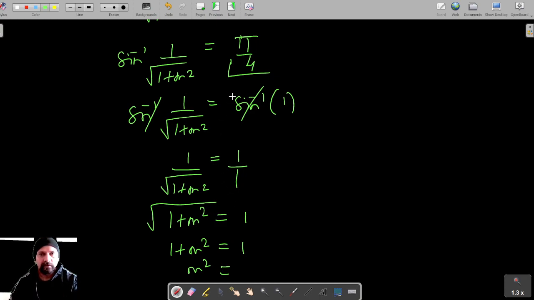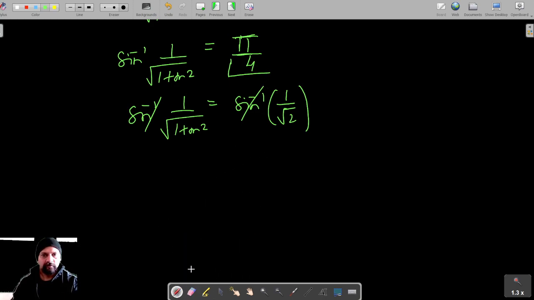Okay, we know that it's sine inverse 1 by root 2 that is pi by 4.